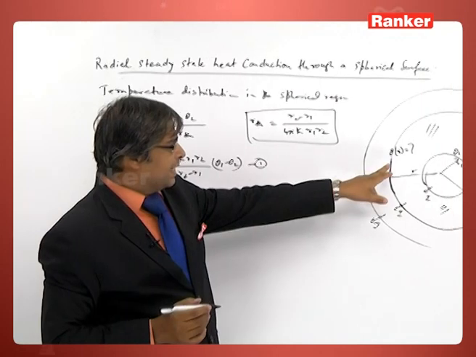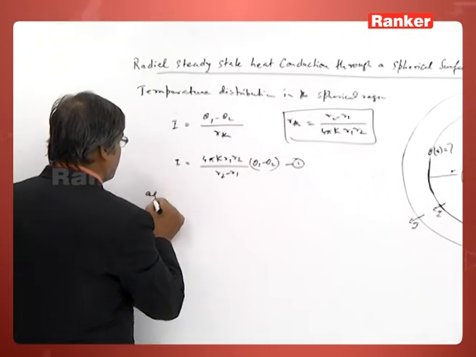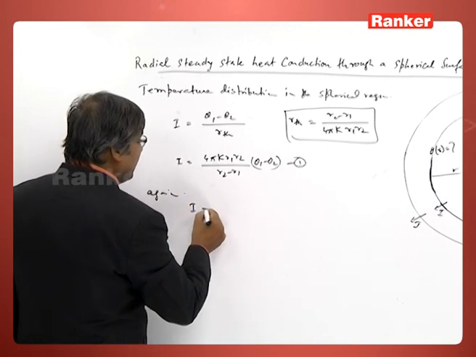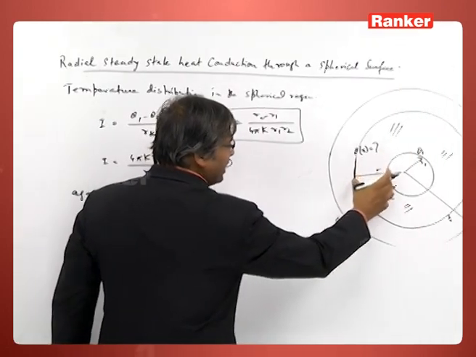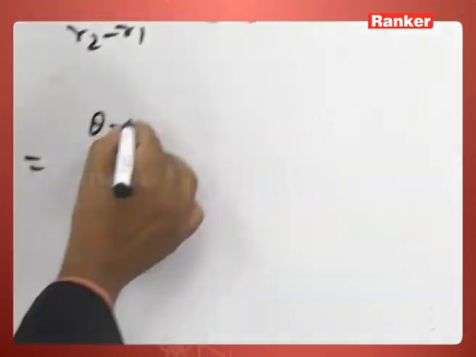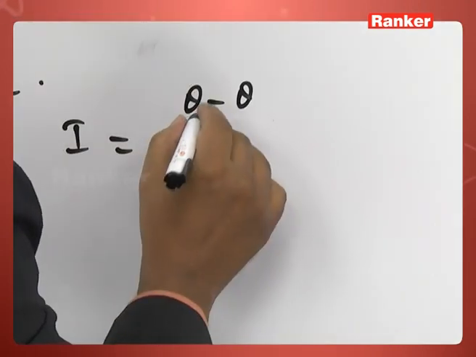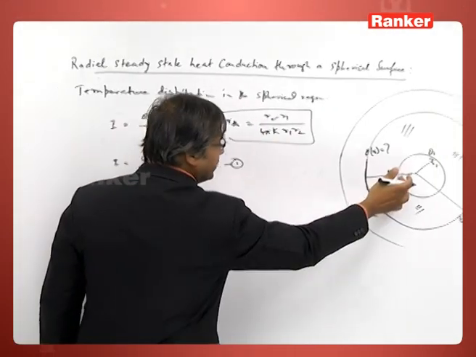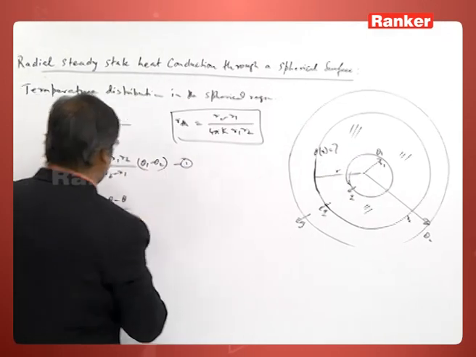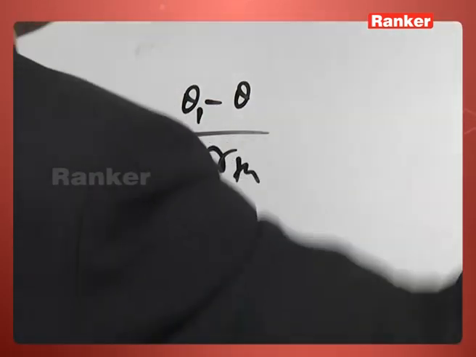Now, I am interested in calculating θ here. So, again, if I consider only this portion, I will be (θ1 - θ) divided by the thermal resistance of this portion.